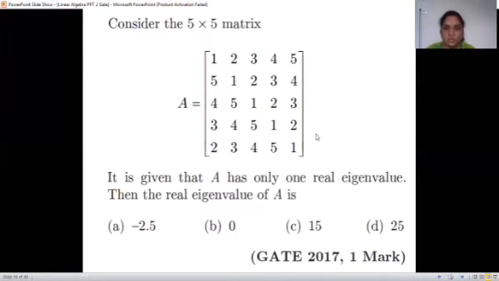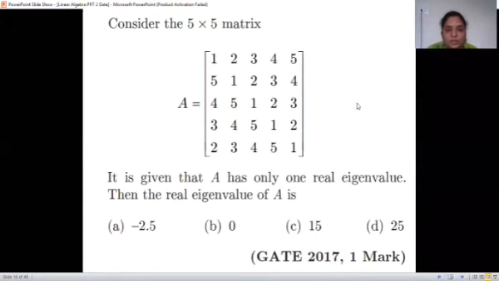Okay, the next question. Consider the 5 by 5 matrix. A matrix is given to you, and it is given that A has only one real eigenvalue. Then the real eigenvalue of A is what we are asked.